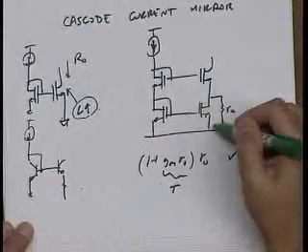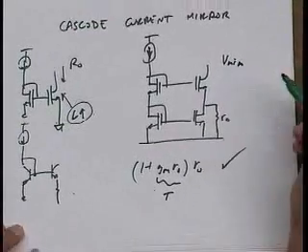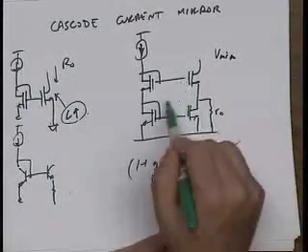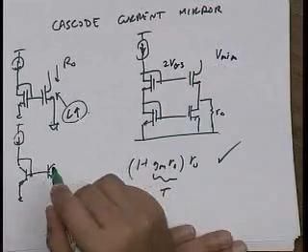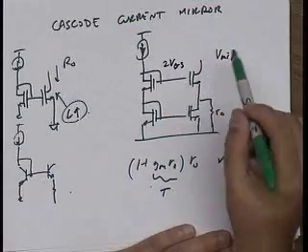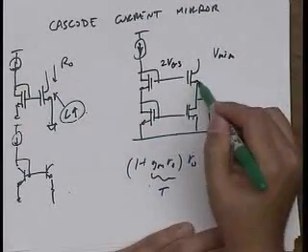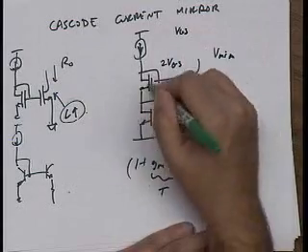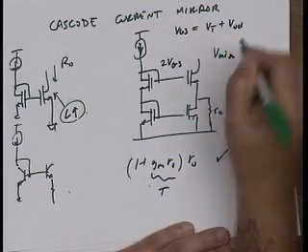Definitely the Vmin of this device is going to be higher, because this gate device is biased at 2 VGSs. The lowest I can bring this voltage, roughly, if these are equal size, VGS is equal to VT plus V overdrive.